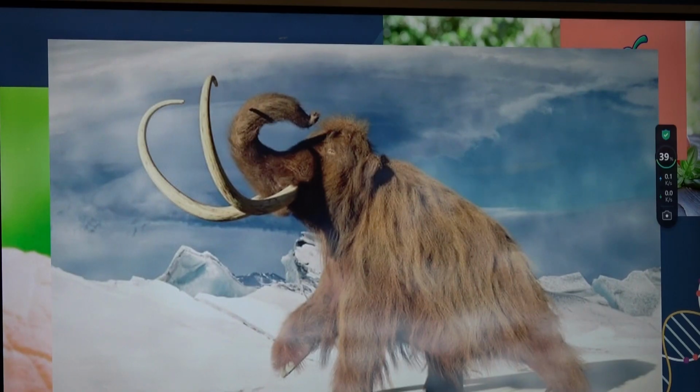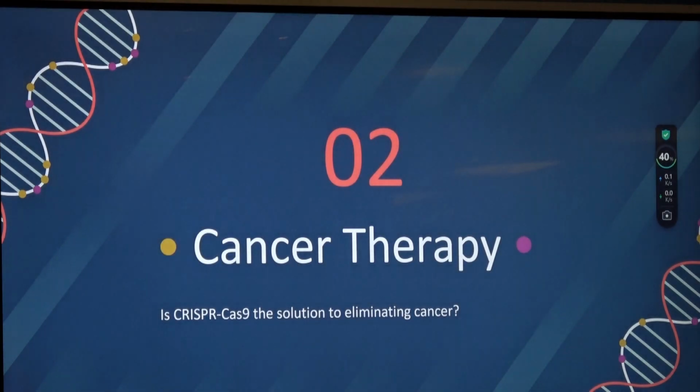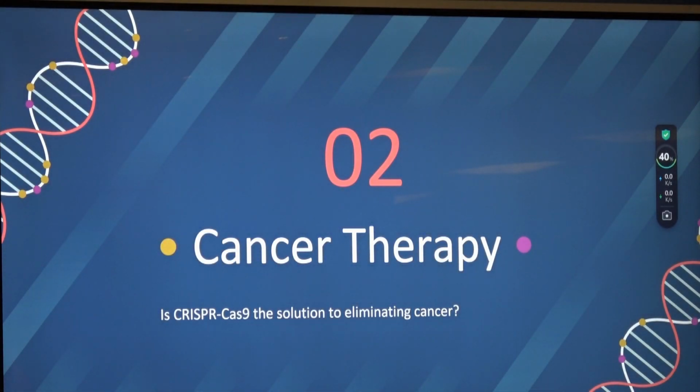Okay, next. So how does CRISPR-Cas9 eliminate cancer therapy overall? Who here has a guess on what we can do to use CRISPR to eliminate cancer? Radiation? How's that? They change the cell.